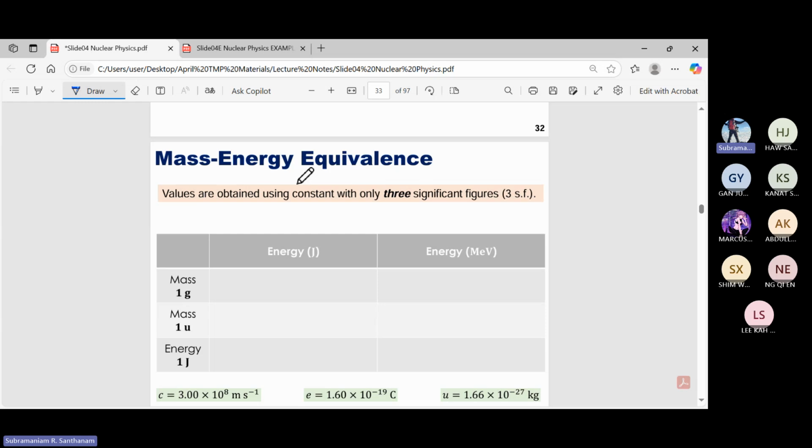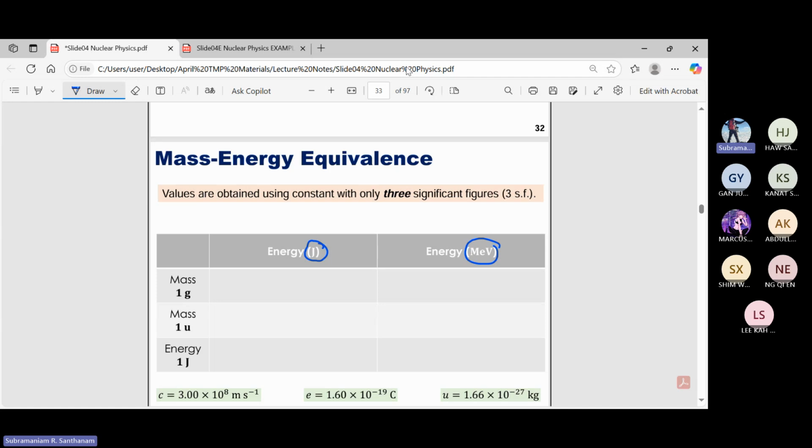Mass energy equivalent. Values are obtained using constants with only 3 significant figures. This is to fill up: we want to fill up what the energy is when you work it out for 1 gram, in units of joules and MeV.